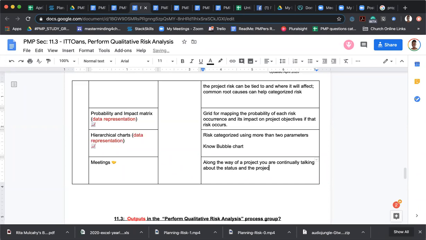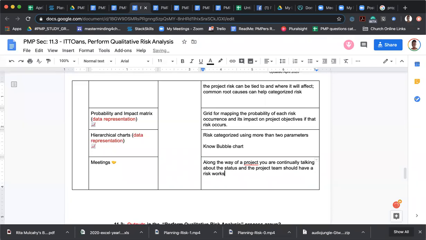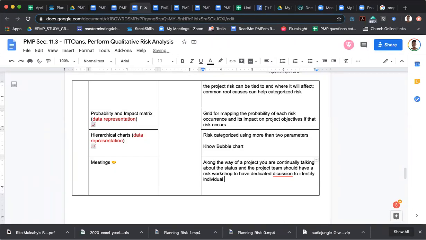The project team should have a, let me say, a risk workshop. Should have a risk workshop to have dedicated discussion to identify individual project risk.